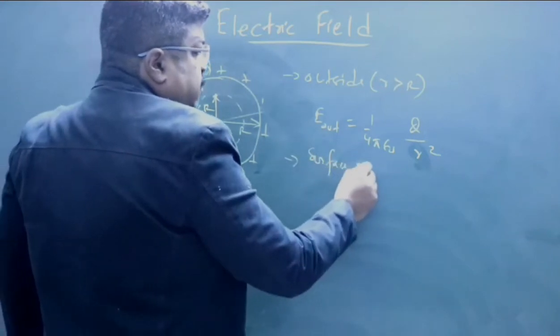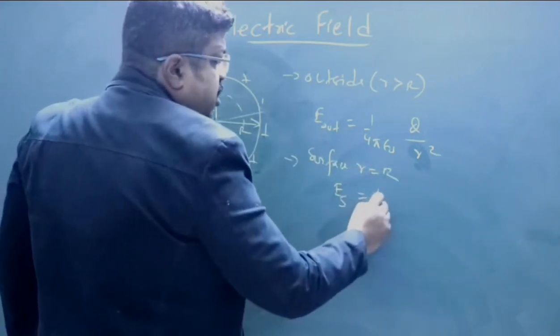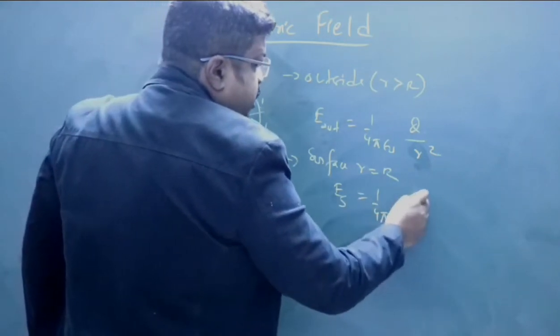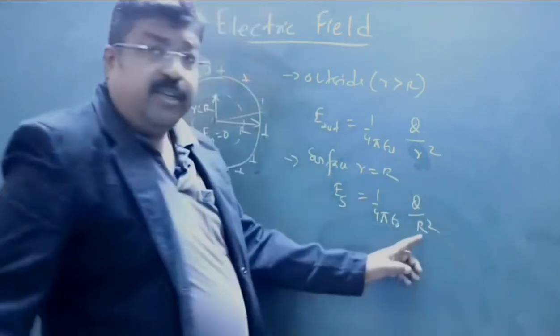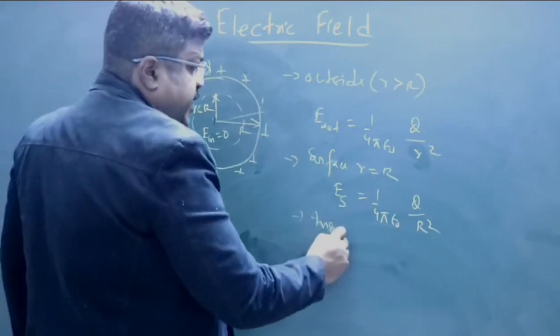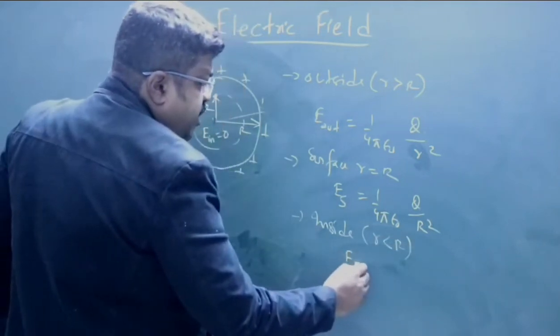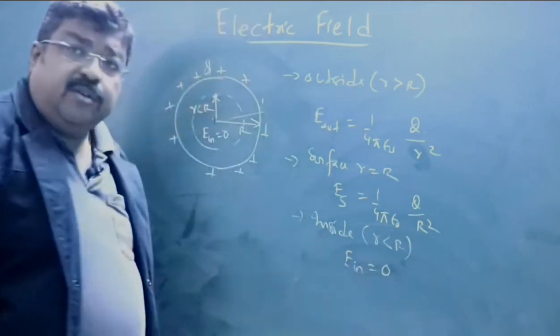On the surface for r equal to R, it is E surface, which is 1 by 4 pi epsilon naught Q by capital R square, where R is the radius of the spherical shell. And inside for r less than R, E in is 0.